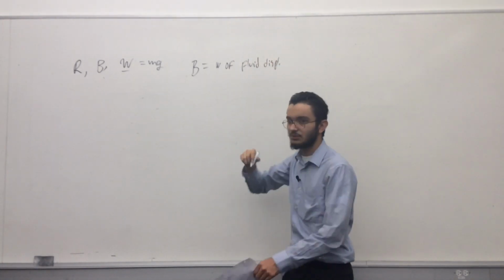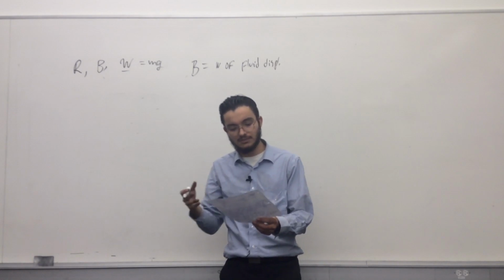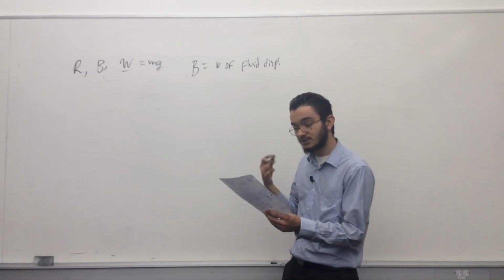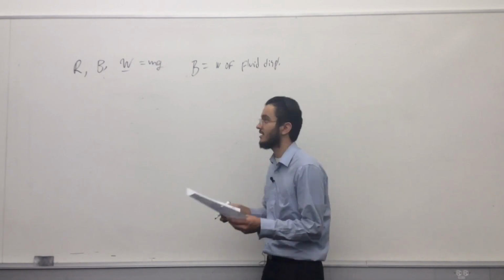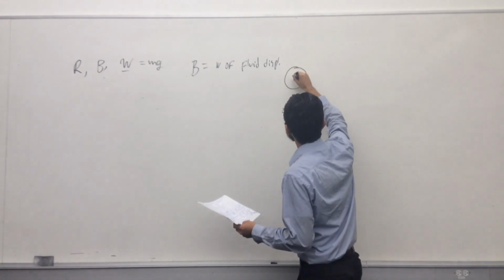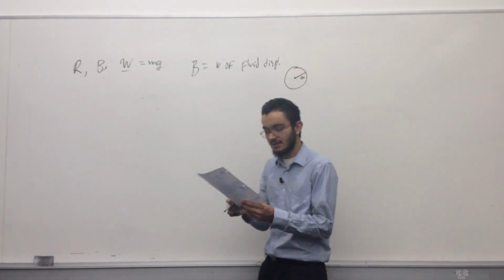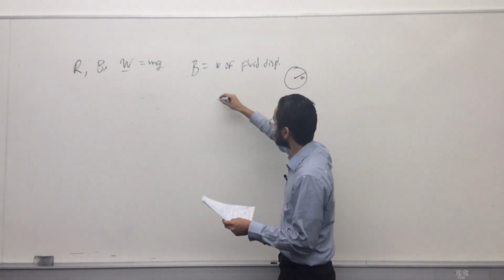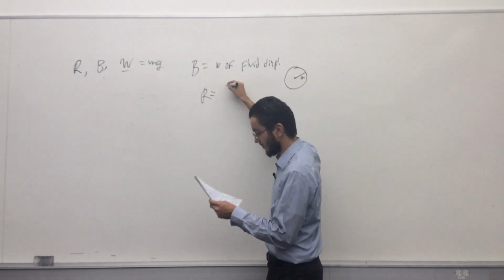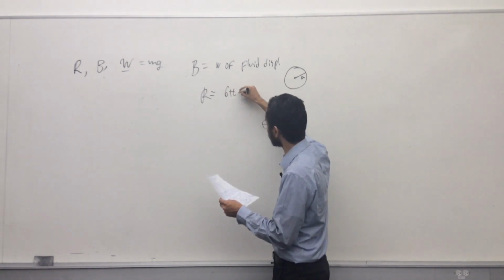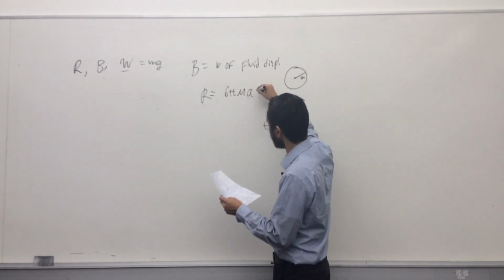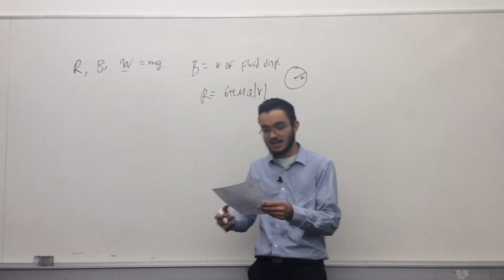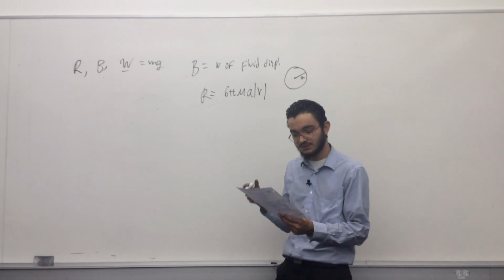Later on, we're going to take a look at what that means a little more deeply. For a slowly moving spherical body of radius a, basically a ball with radius a, the resistive force is given by Stokes' Law. So R should be equal to 6 pi times some constant mu times the radius a times the absolute value of the velocity v, where mu is the coefficient of viscosity of the surrounding fluid.